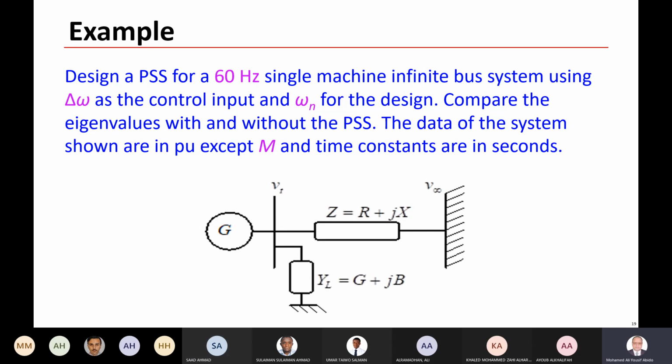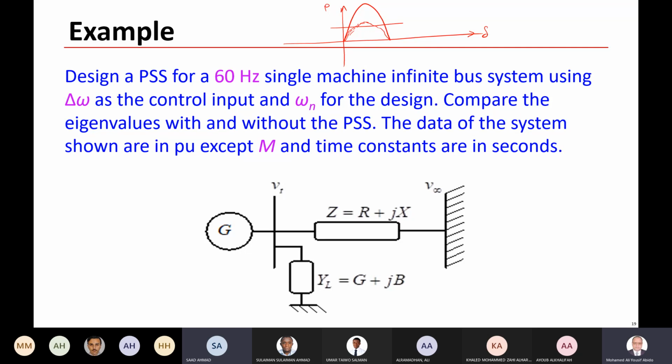If you increase the reactance, in this case you are pushing, increasing the reactance means what? Increasing the reactance means if this is your P delta curve, if you increase the reactance, then you have this P delta curve, right?